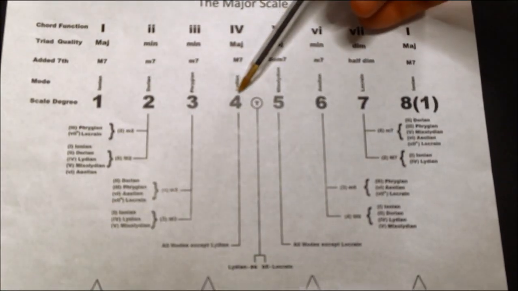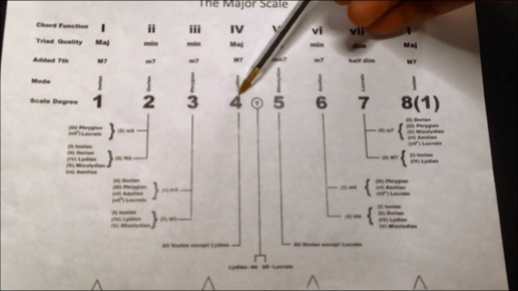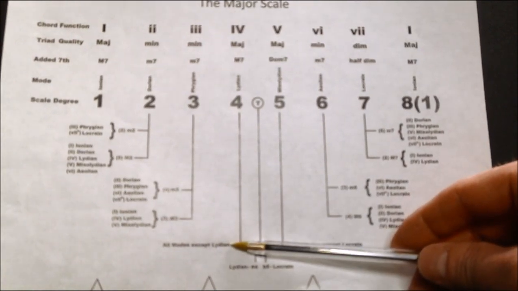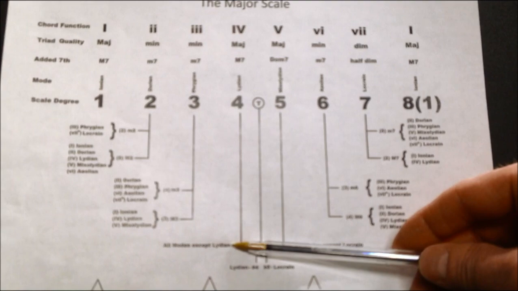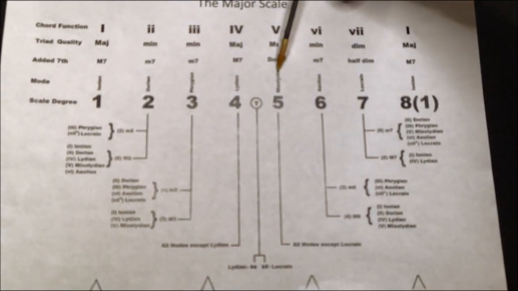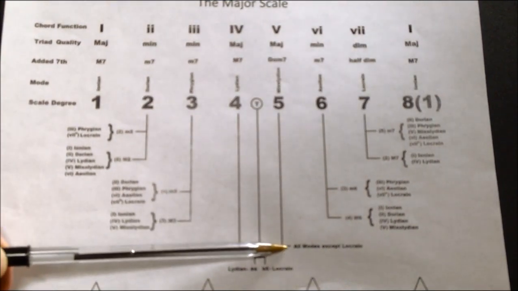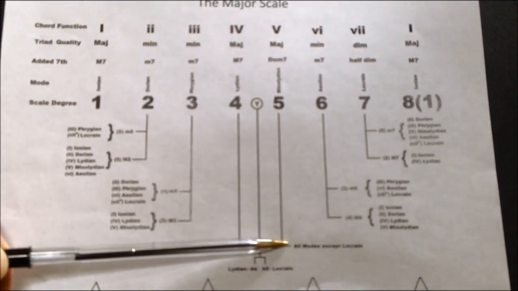For instance, the interval of a perfect 4th is in every single mode with the exception of the Lydian mode. The perfect 5th also is in every single mode except the Locrian mode.